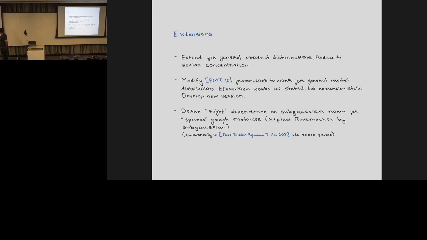And you have to modify their proof inside the method of exchangeable pairs to add a way of remembering what are the variables we've already differentiated upon and not including them in the bound. So this requires a bit of work.